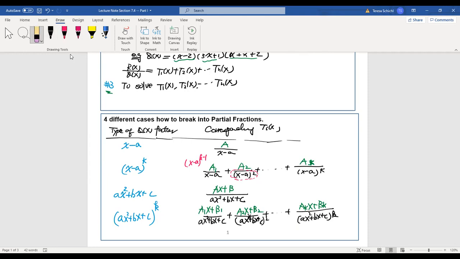So you're going to have the higher order terms from the common denominator. So you just need the constants here.